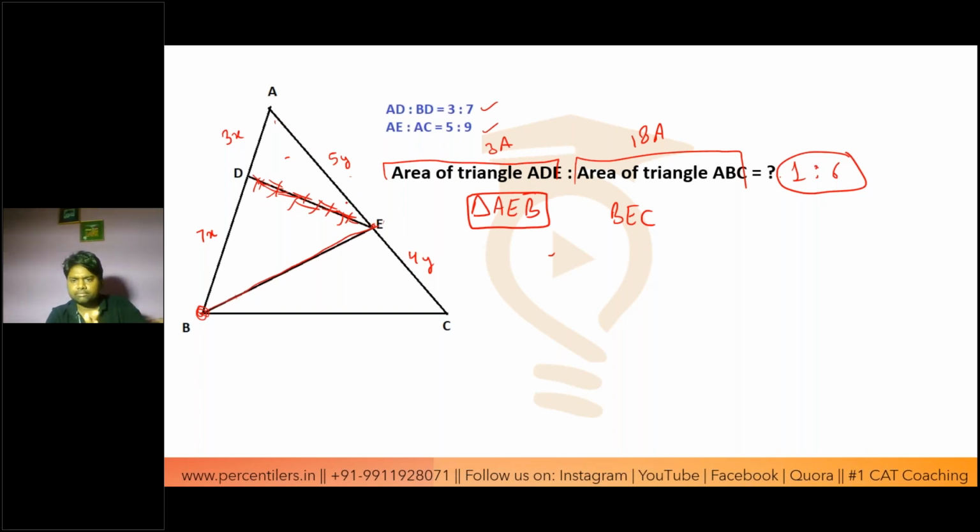AC can also be the base, right? So if AC is the base, BE is the line coming from the opposite vertex and dividing the base in the ratio 5:4. So the areas will also be divided in the ratio 5:4. Now this combined area was already 10. So 10:8. So this becomes 8.